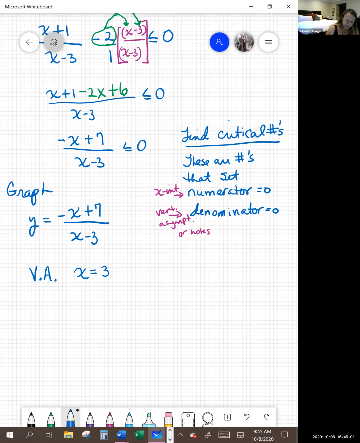Horizontal asymptote: it exists because the degrees are the same. It's the leading coefficient of the top, which is negative 1, all over the leading coefficient of the bottom, which is 1, or y equals negative 1.